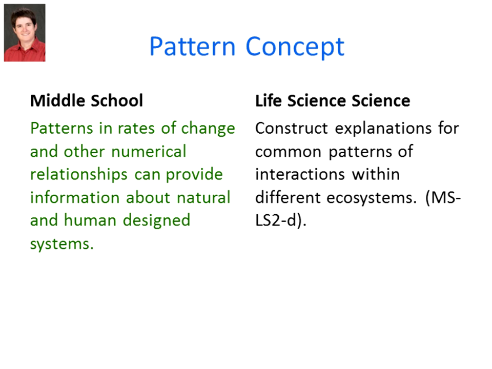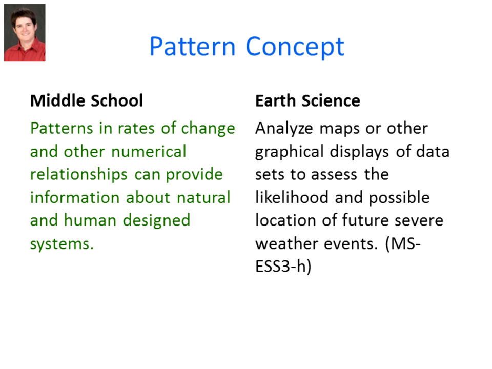This same pattern shows up in life science, constructing explanations about common patterns of interaction within different ecosystems. Again, allows us to think about and understand relationships within natural systems. And then again, this same pattern concept shows up in earth science.